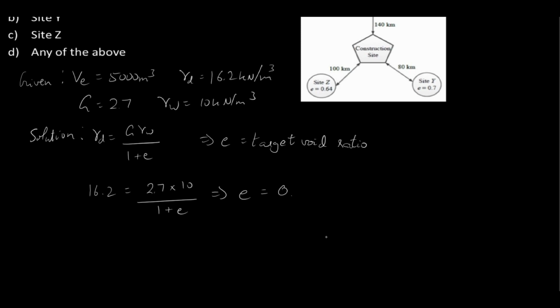So we'll be getting E s, 0.6875 is the target void ratio.